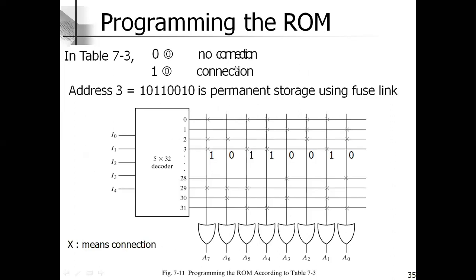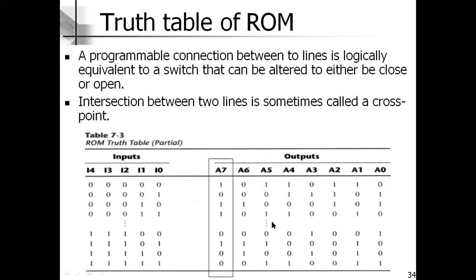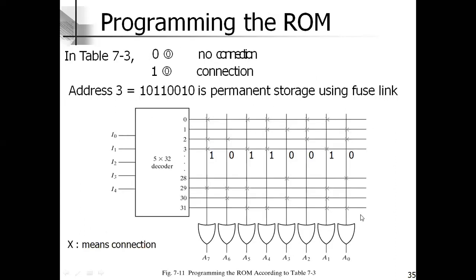For example, take address 3. These are the input lines, 0, 1, 2, 3, 4 up to 31. We take the value 3, and what is there? 1 0 1 1 0 0 1 0.